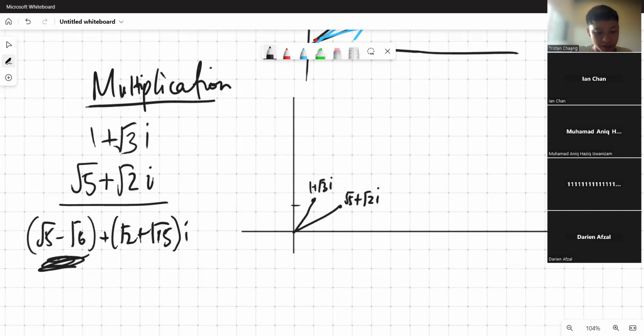Square root 5 minus square root 6. Negative 0.213. Okay. And then the other one? Square root 2 plus square root 15. 5.29, right? 5.29.